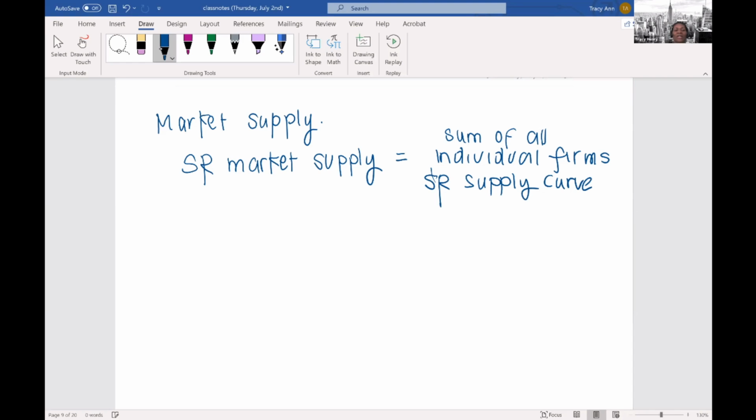So you're going to sum the quantities. And how do we get this? You're summing your quantities at each price.